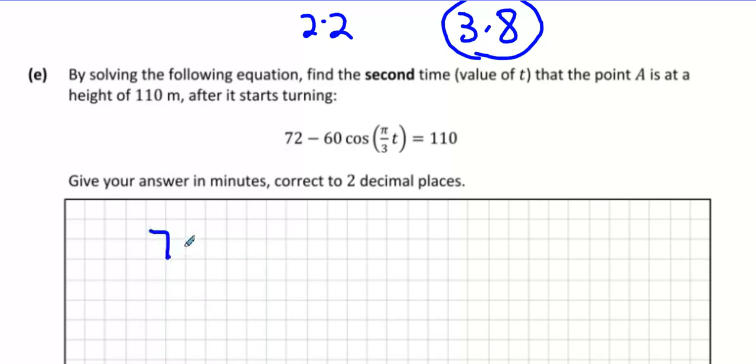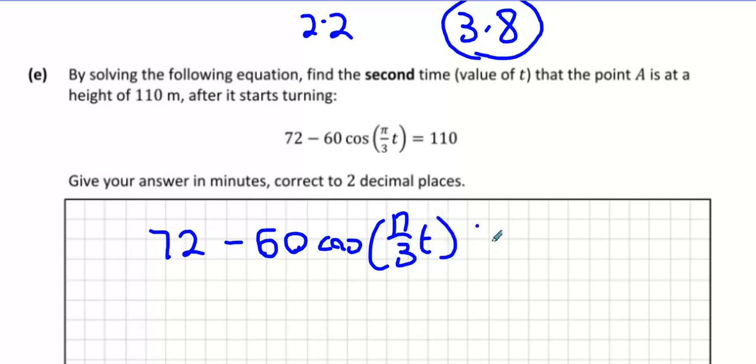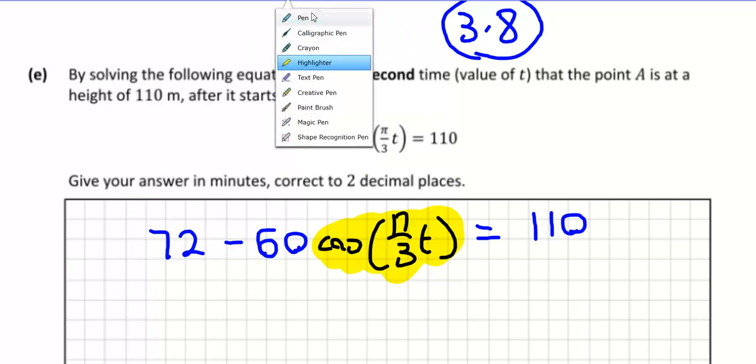Ready for this? Now we're going to love this. Goal is to isolate this variable. Move the 72 over to the other side and take it away from 110.